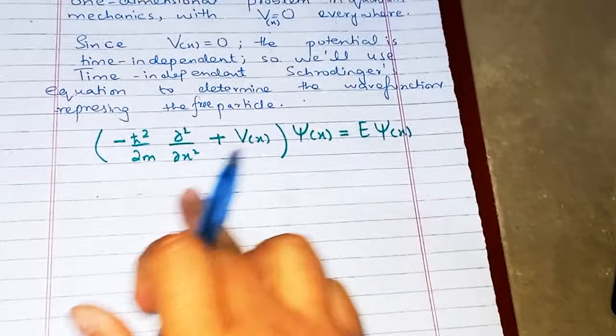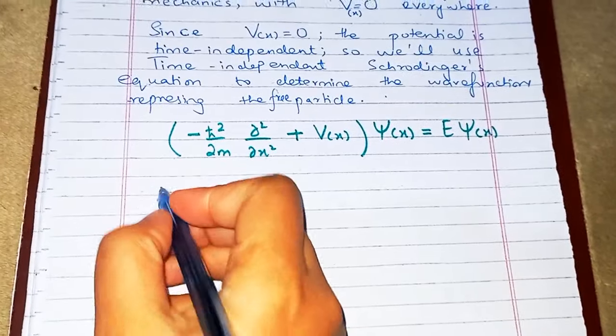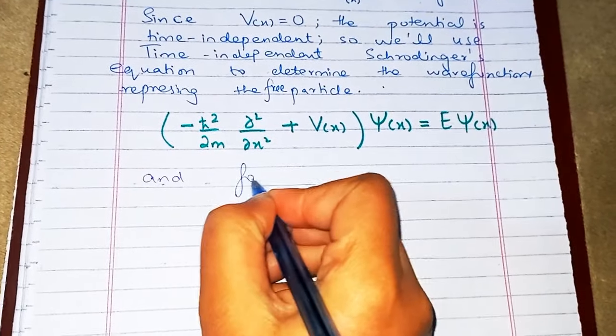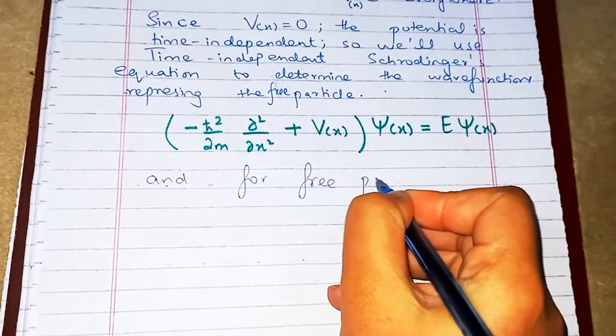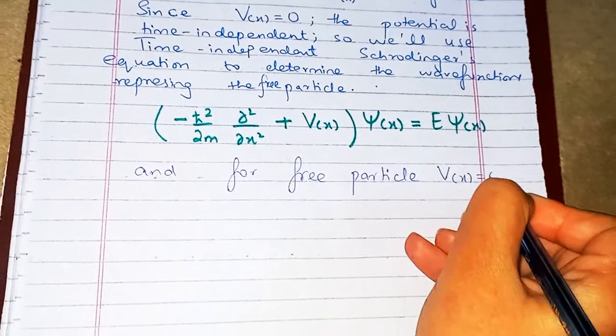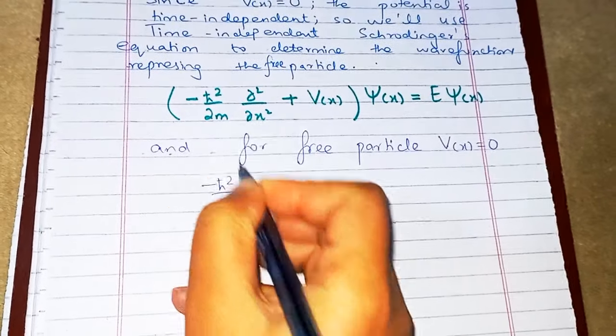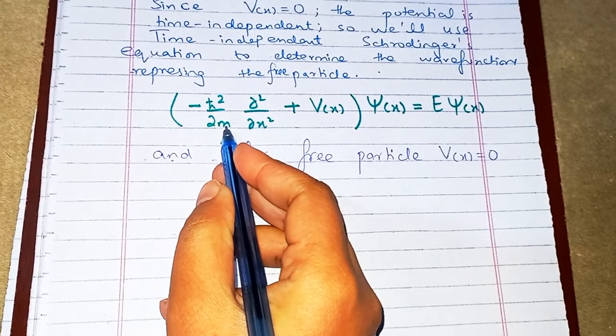This is the time independent Schrödinger equation, and for the free particle we'll put V of x equal to 0 in here. So let's plug that value right into here. m is the mass of the free particle.